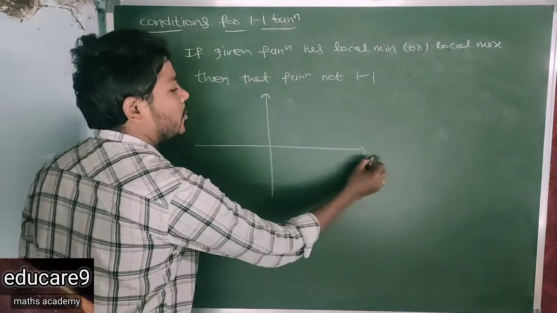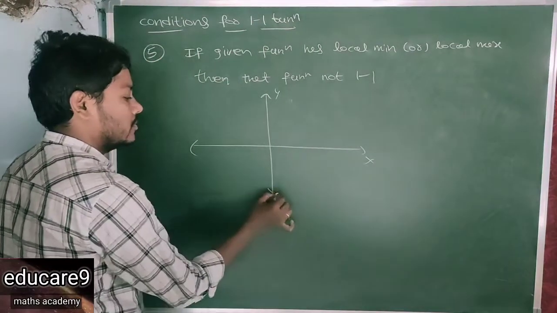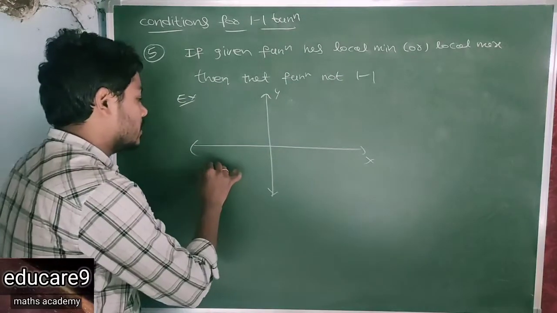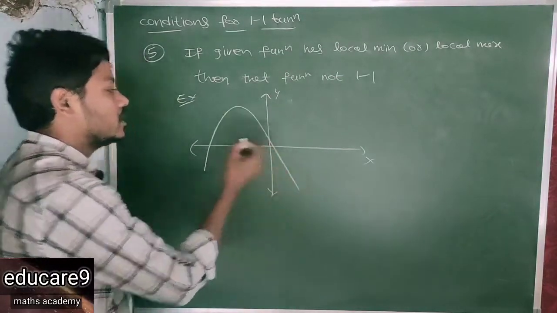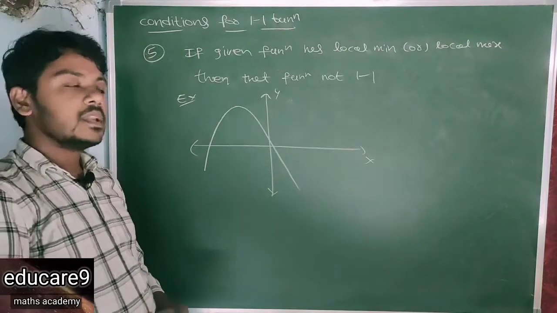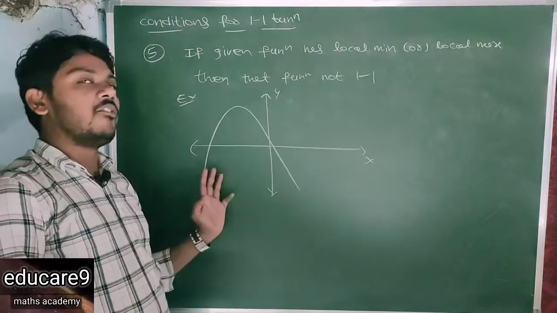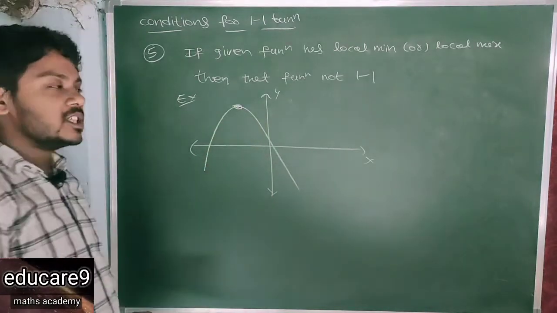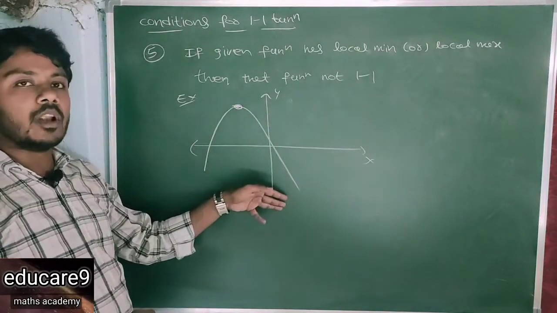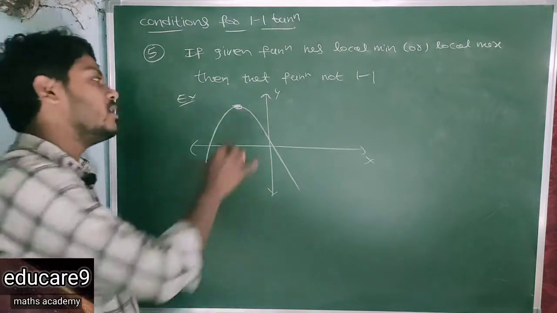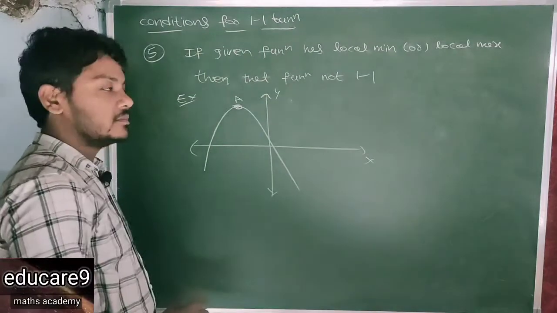So for example, this is the graph, any graph. Clearly this graph has a local maximum at this point. It represents a parabola. This parabola has a local maximum at its vertex.